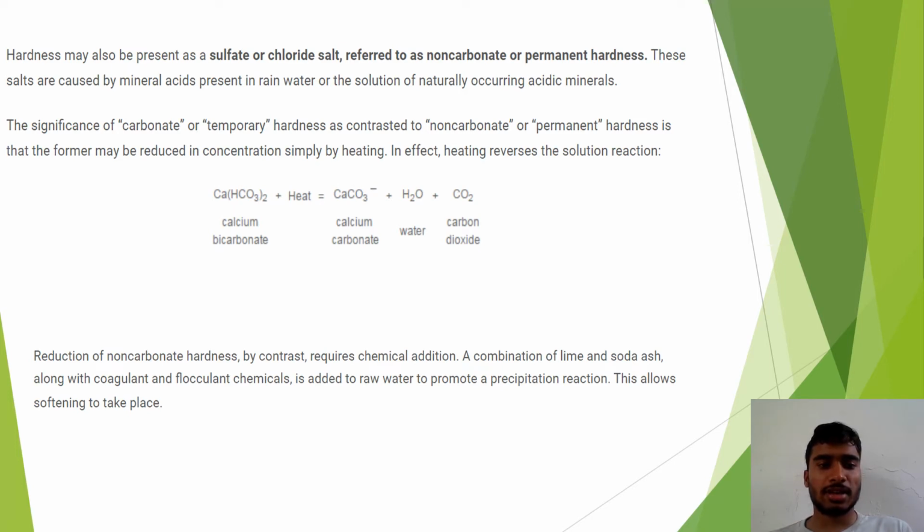In effect, heating reverses the solution reaction. Ca(HCO3)2 plus heat is equal to CaCO3 plus H2O plus CO2. Reduction of non-carbonate hardness by contrast requires chemical addition. A combination of lime and soda ash along with coagulant and flocculant chemicals is added to raw water to promote a precipitation reaction. This allows softening to take place.